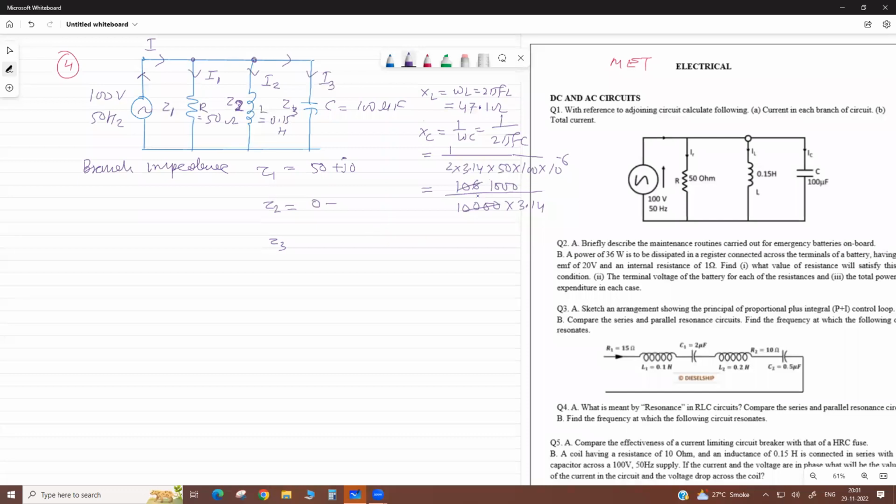Okay. So if you divide this, what value do we get? 31.83, sir. 1000 by 100, how much will it come, ma'am?